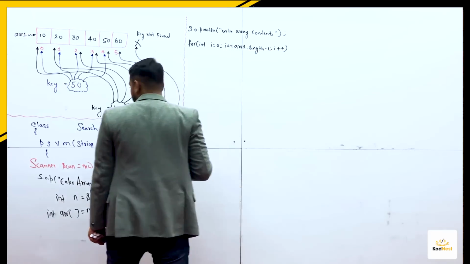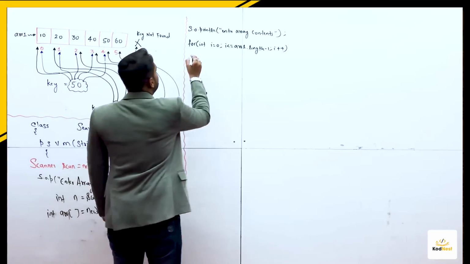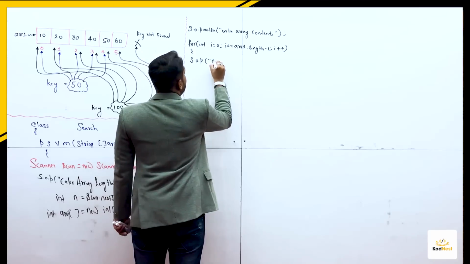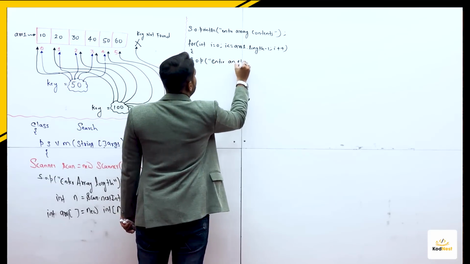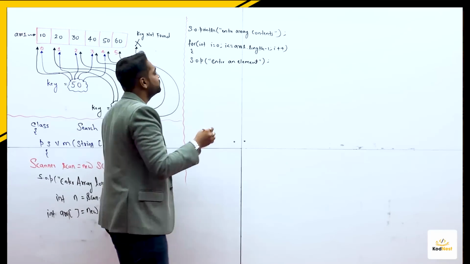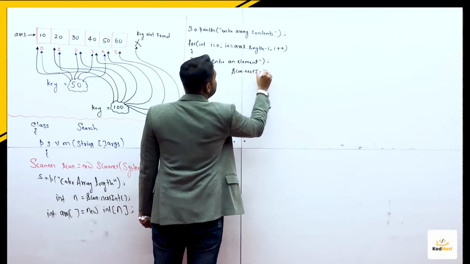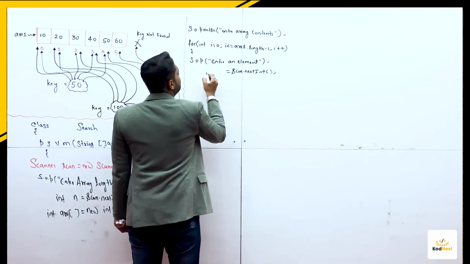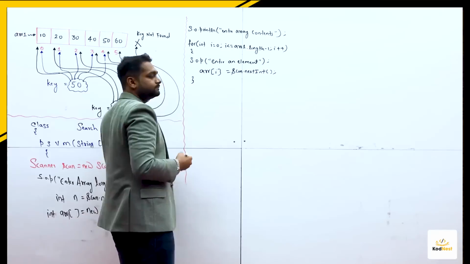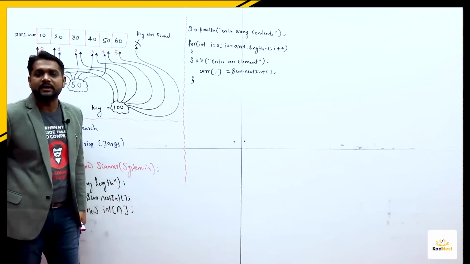Here I would tell System.out.println("Enter an element"). By seeing this message, the user will enter an element. I will collect it by telling scan.nextInt and store it in the array arr at the ith index. By the end of this loop, the array would be ready, and the elements inside it would also be ready.